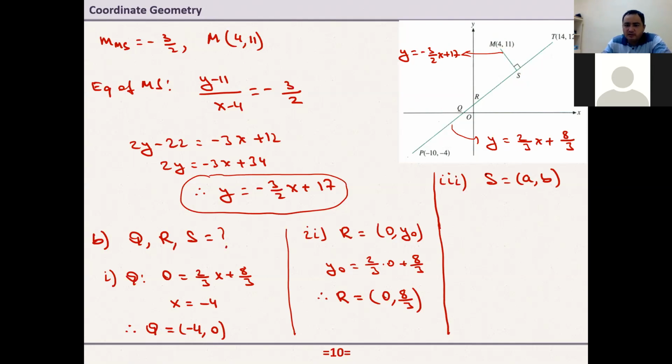So if you just write them here, the first one is b equals minus 3 over 2 a plus 17. At the same time, S belongs to the line PT, so this equation is b equals 2 over 3 a plus 8 over 3.